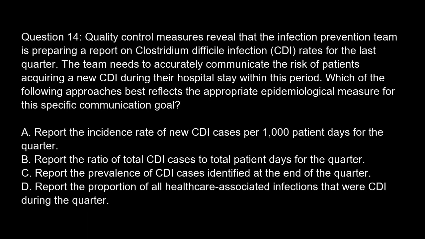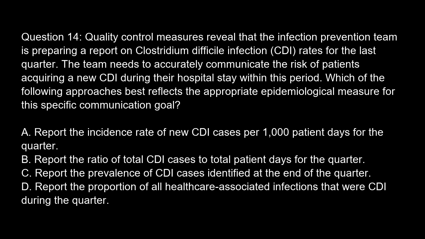Question 14. Quality control measures reveal that the infection prevention team is preparing a report on Clostridium difficile infection, CDI, rates for the last quarter. The team needs to accurately communicate the risk of patients acquiring a new CDI during their hospital stay within this period. Which of the following approaches best reflects the appropriate epidemiological measure for this specific communication goal?